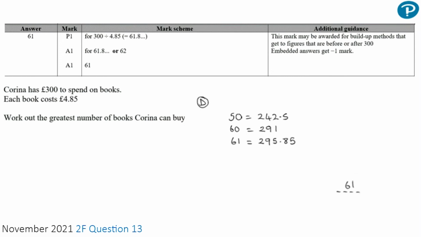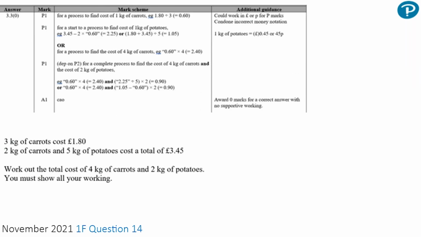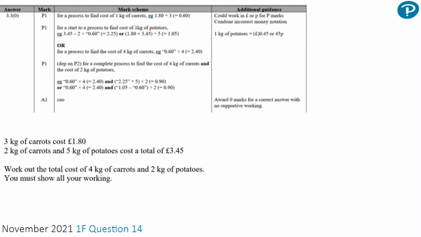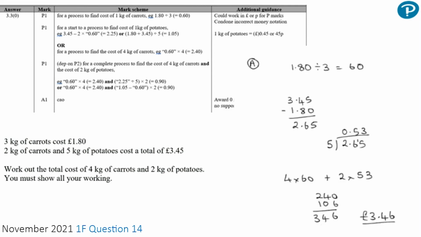So again, 3 marks, I think. P1, A1, A1. Right, we've got 3 kilos of carrots. I've put the response there. There's potentially 4 marks.